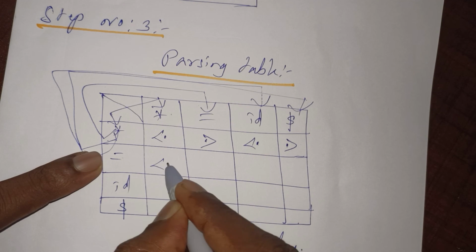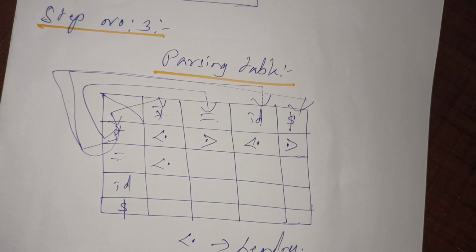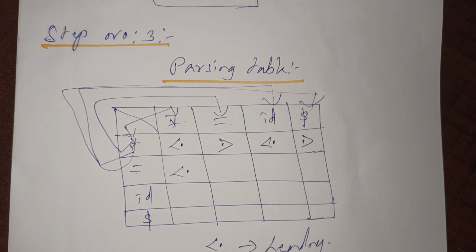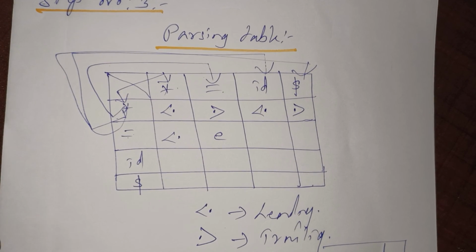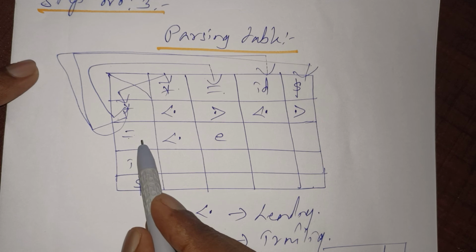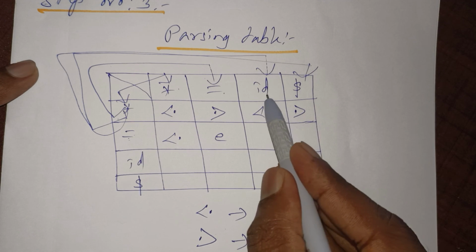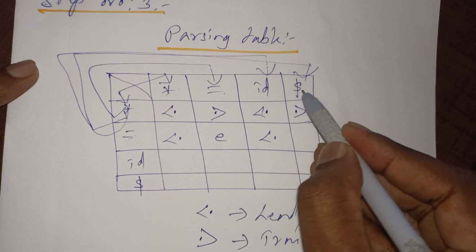Now I'm comparing equal to and asterisk. I got the leading symbol. I'm comparing equal to with equal to, I'm not getting anything, so I am going to mention it as E. E represents nothing has been matched, so E represents error. I am checking again equal to and ID. I got the leading symbol. Again I'm checking equal to and dollar.